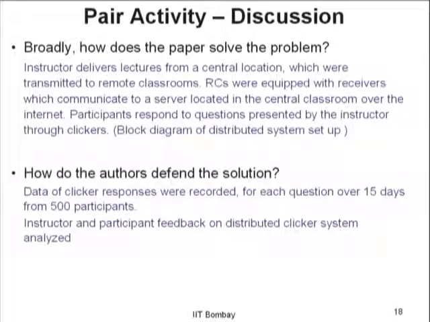The instructor delivers lectures from a central location. This is the broad solution, and this is transmitted to remote classrooms which were equipped with receivers. The receivers communicate to a server in the central classroom over the internet. Participants respond to the questions presented by the instructor through clickers.